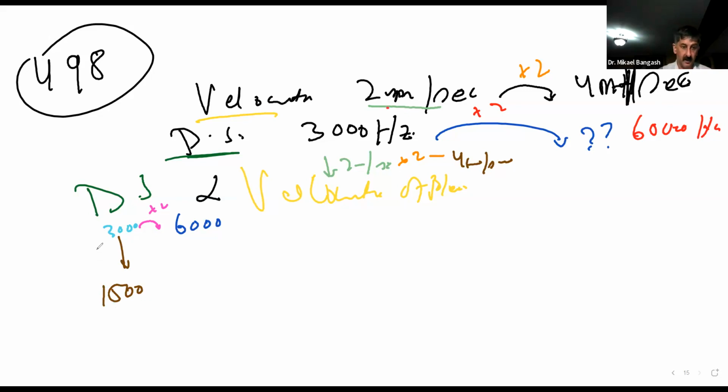Well, here it just became half. So most likely your speed will also have come from 4 meters per second back to 2 meters per second, because we had a decrease in the Doppler shift to half. We can say that most likely the speed of blood has halved. Or maybe, if they talk about the frequency of the transducer, that frequency would have halved to cause the Doppler shift to half.